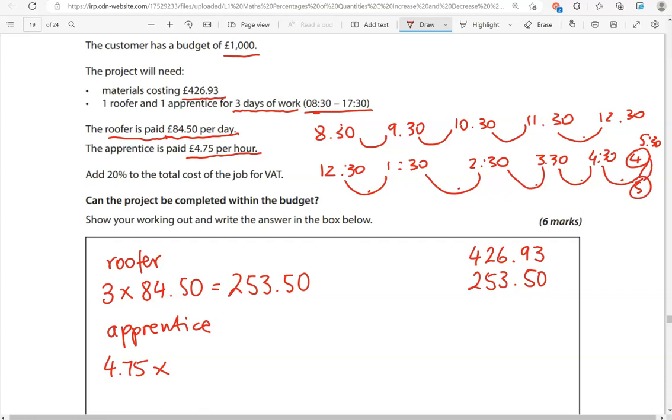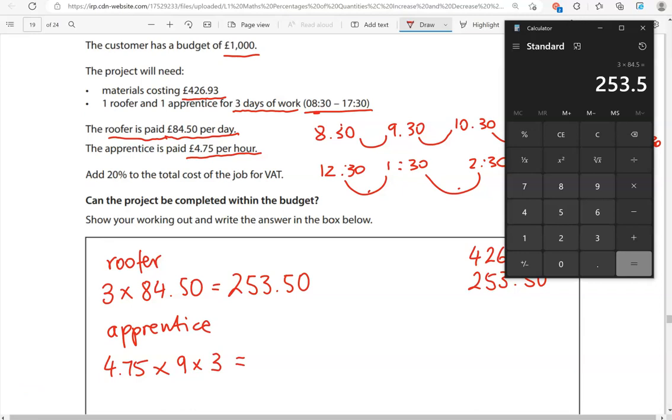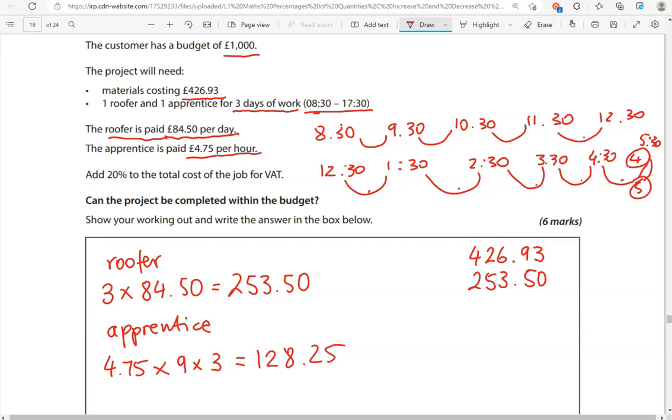So that is 9 hours per day and that will be 3 days. So multiplying, we do 4.75 times 9 times 3 is £128 and 25 pence. So we can add that here.